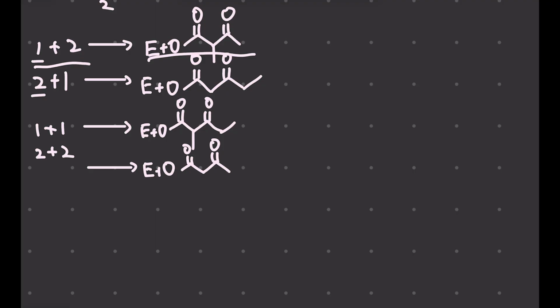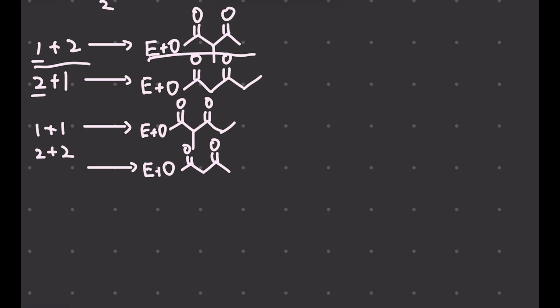Now, there's another way that you can prevent other byproducts, although it's still not 100% yield. If you don't want to change your reactants, perhaps you can use something like LDA.